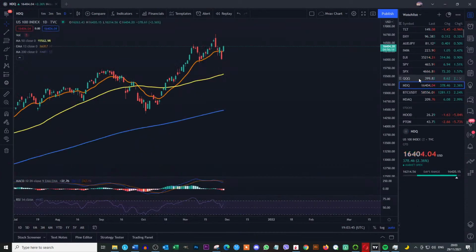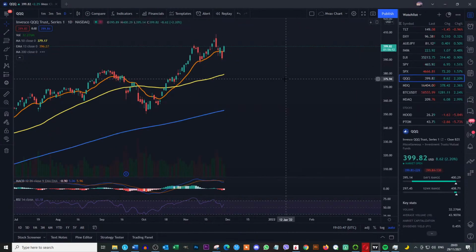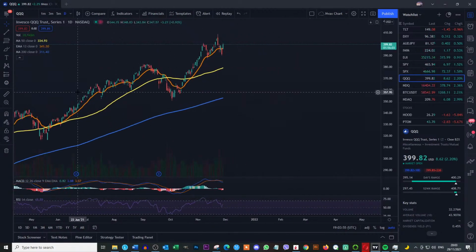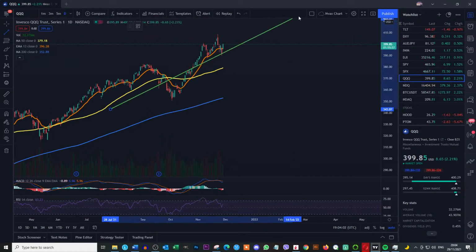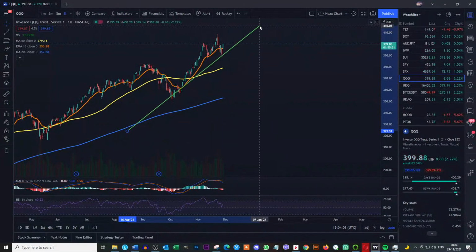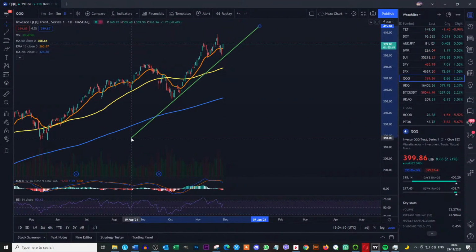So that's the same Nasdaq, and here we have the QQQ. Here you can look, something similar is happening, even though it looks like a little bit of an upper trend. If you see here, you could say that we are a little bit on an uptrend.